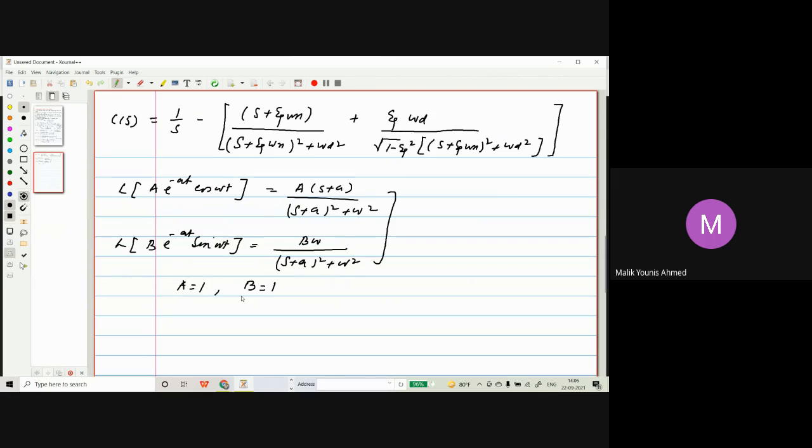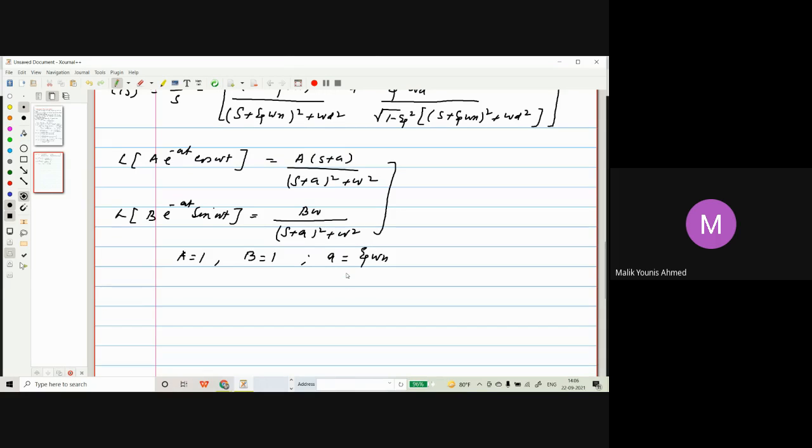The b term is also missing, that is, the coefficient b is equal to 1. Now, in s plus a, instead of a there is what? Instead of a there is xi omega n. Okay, instead of a there is xi omega n.